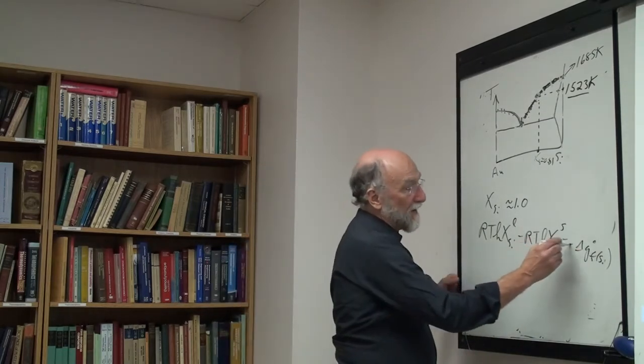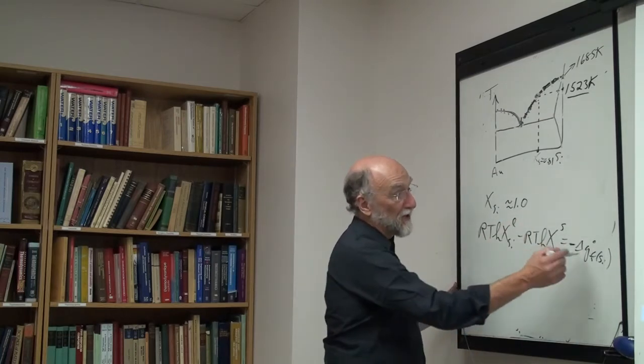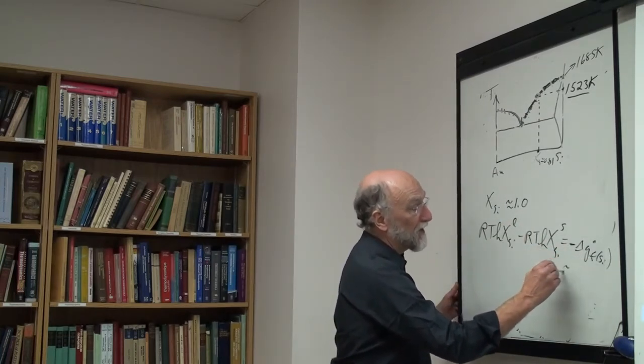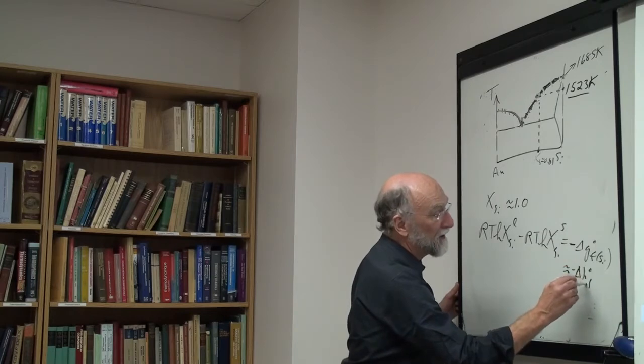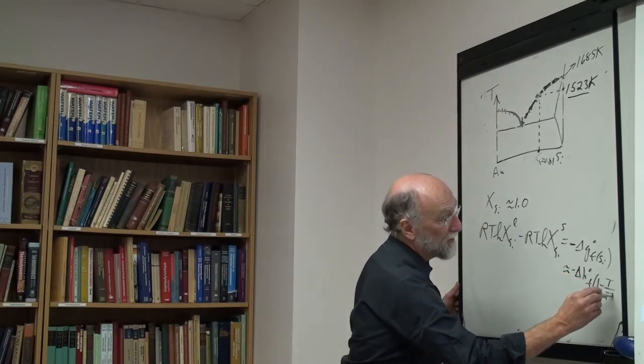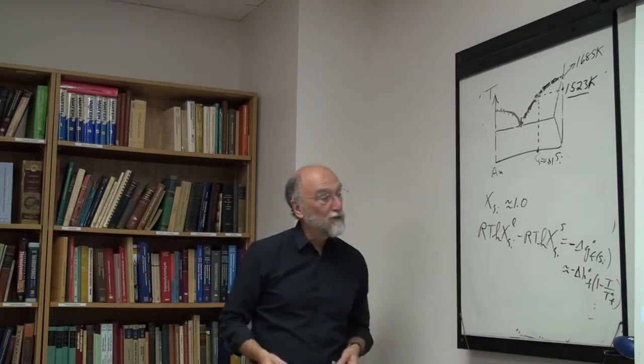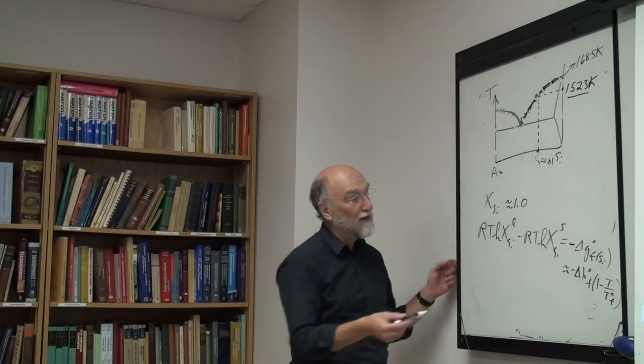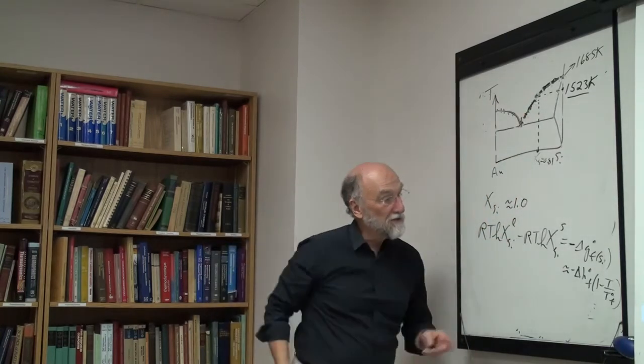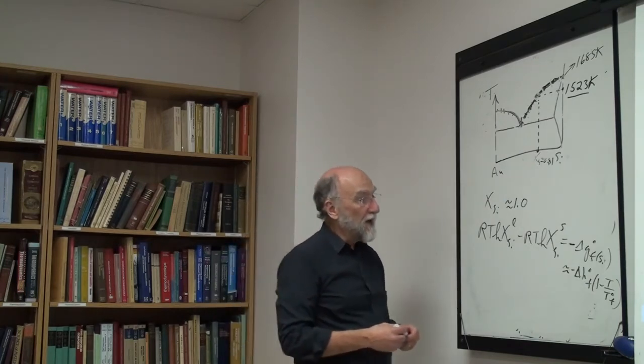Even here I can make delta Cp 0, because you're very close. This is then approximately equal to minus the heat of fusion times 1 minus T over T fusion. That was an approximate equation assuming Cp solid equals Cp liquid, but over a few degrees it's going to be very close to that.